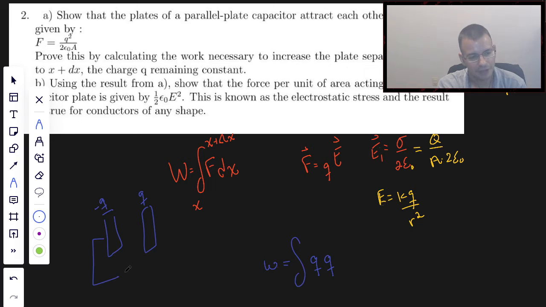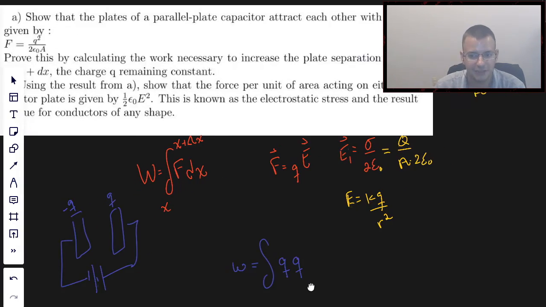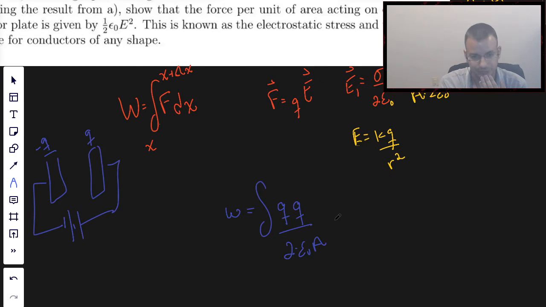The idea is you have a battery hooked up, providing positive charges to one side and negative charges to the other, so Q and Q. I'm going to leave off the negative sign because that just tells us direction. And this could be Q over 2 epsilon naught times A, and then we still have dx there.